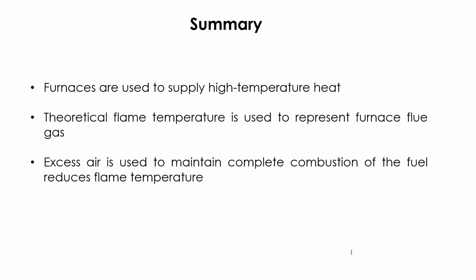As a summary, in this chapter we have learned about the furnace. We use a furnace to supply high temperature heat. Remember, high temperature heat. To analyze the combustion process in the furnace, we come up with a term called theoretical flame temperature.